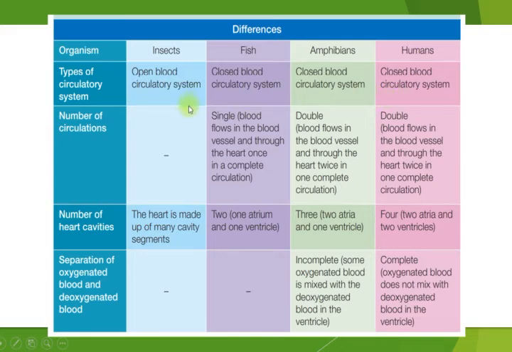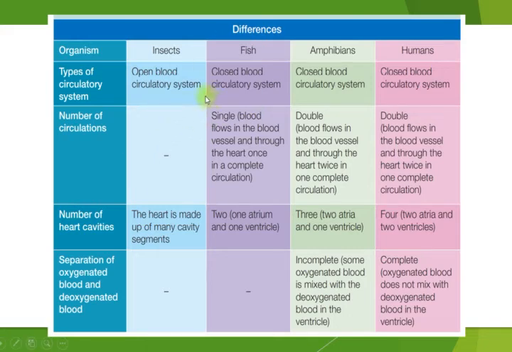Then we go to the number of circulations. In insects there is no number of circulation, because the hemolymph flows directly into the hemocoel and touches the body cells directly.